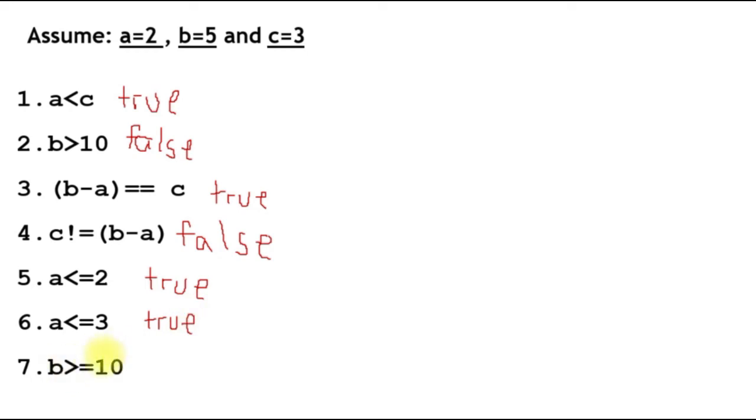Next is B is greater than or equal to 10. The value of B is 5. So, isa-isahin natin ulit. Is 5 is greater than 10. Anong sagot? Mas malaki daw ba ang 5 kaysa 10? The answer is false. Next, is 5 is equal to 10.